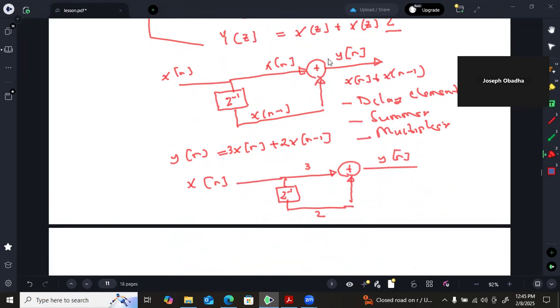Because here, this is not delayed, but scaled. This is delayed by 1 unit and scaled by 2. So the type of operation that we can have on the signal can be performed here, then we get the output. Remember, we had discussed different types of signal operation that can be performed on the signal.